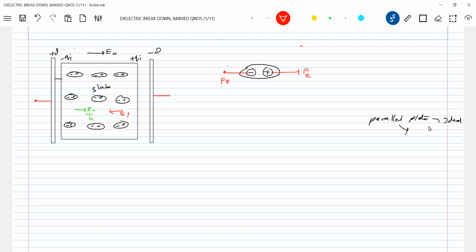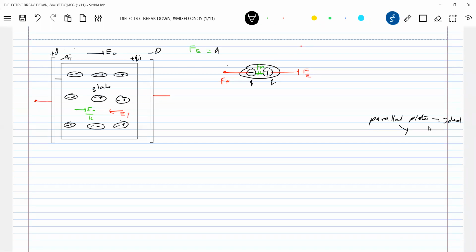And what about the molecular force? Let me show it with another color. This is the molecular force, called Fm. I'll keep on increasing charge Q. As Q increases, E naught will increase, and Fe depends on what? F equals the charge of the dipole, let me call it Q, the charge of the atom, the charge of the nucleus and of the revolving particles.